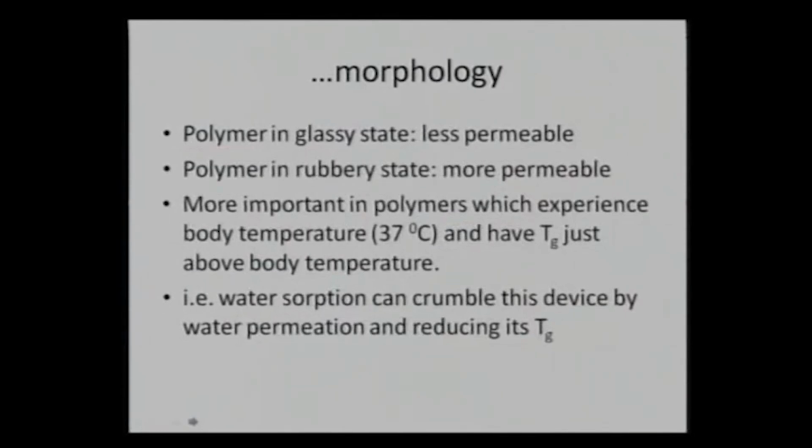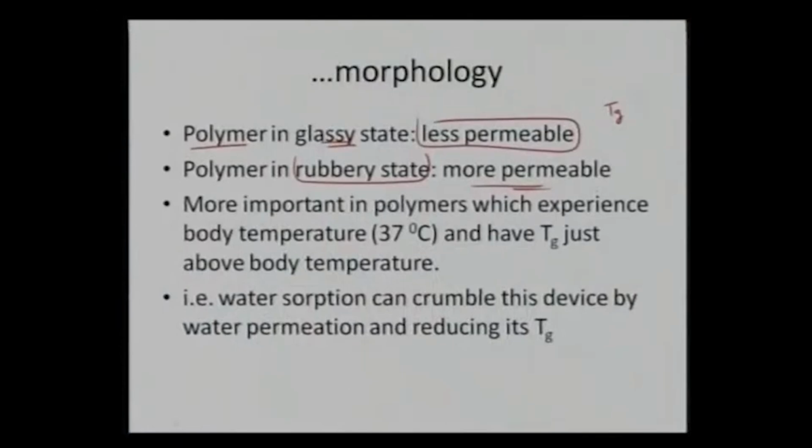Again, as we talked about the glassy and rubbery state, that is dependent on the glass transition temperature. As we said earlier, a polymer in the glassy state is less permeable, whereas a polymer in the rubbery state is much more permeable. So obviously when the permeability is very high, water can seep in at a much faster rate.